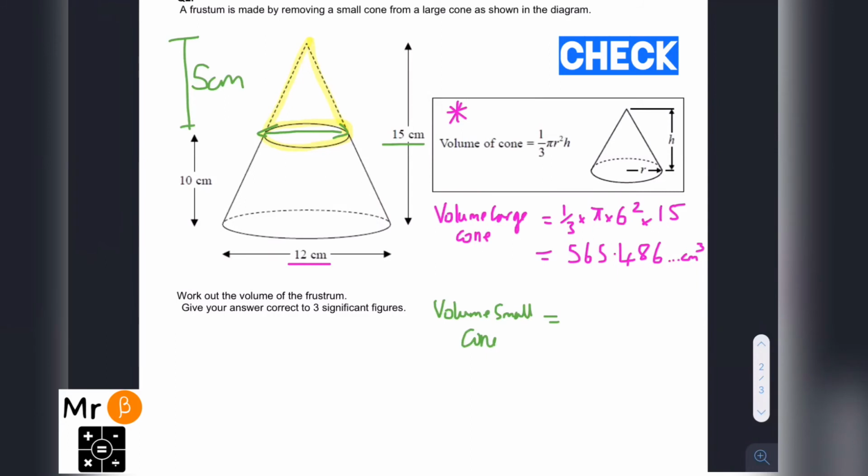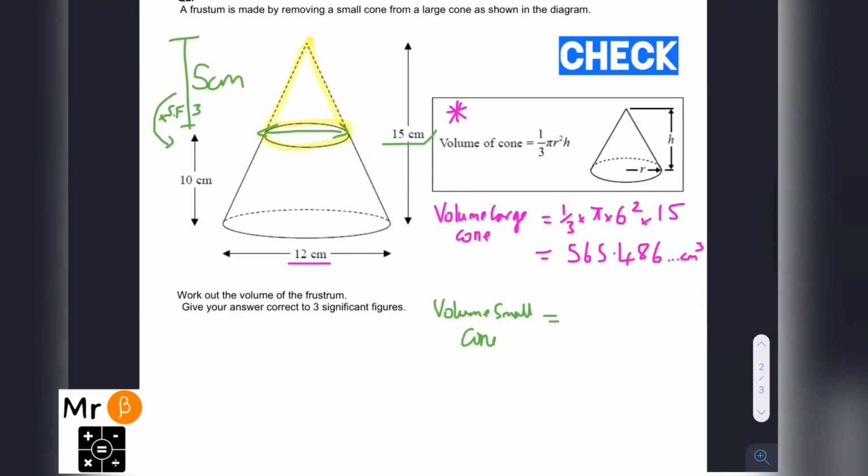So now, if we're looking at how we go from our small cone to our large cone, we have multiplied it by a scale factor of 3. So to go from 5 to 15, we have multiplied by a scale factor of 3.